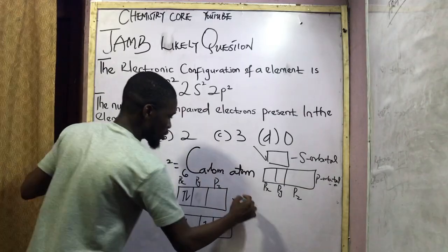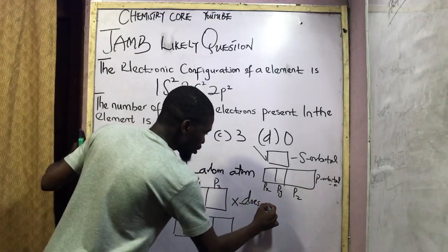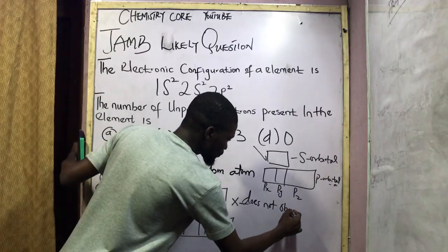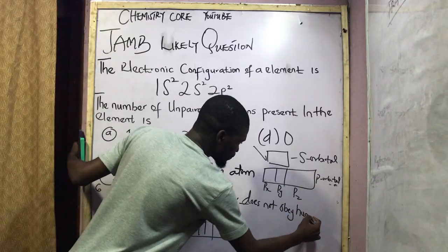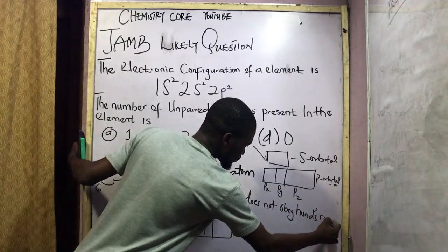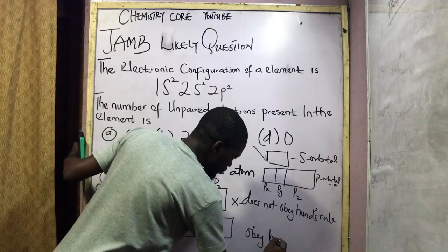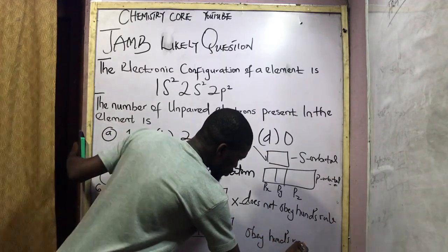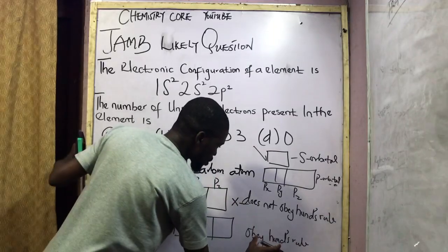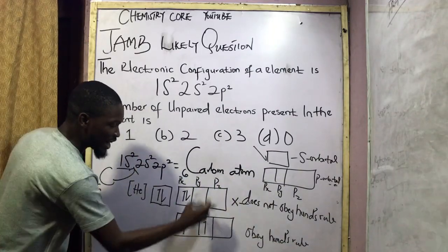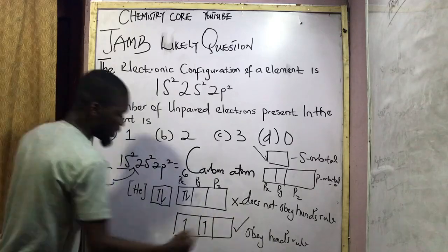This does not obey Hund's rule. Why does this obey Hund's rule? Because Hund's rule states that electrons must be singly filled before pairing occurs.